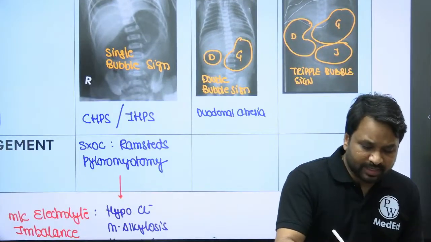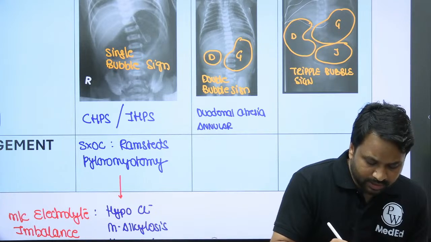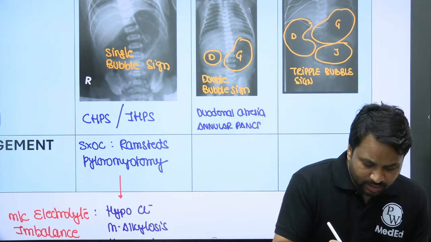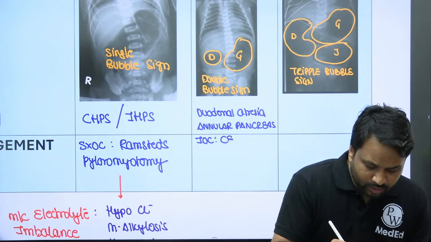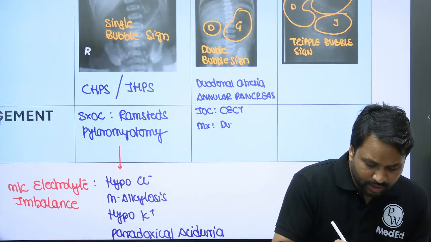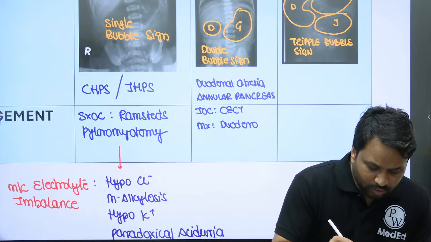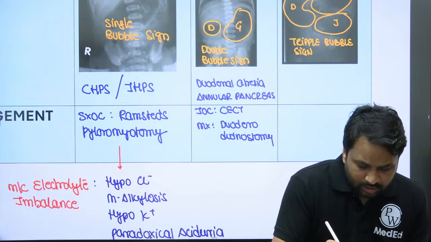A double bubble sign can be of duodenal atresia, or it can be seen in your annular pancreas. That is why the investigation of choice is going to be the CT abdomen. Management here is going to be duodenostomy, even though it's an atresia or annular pancreas.